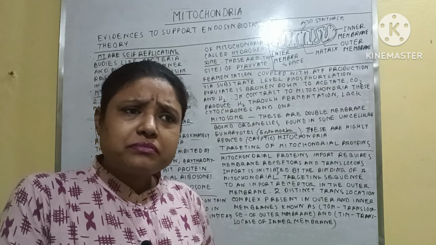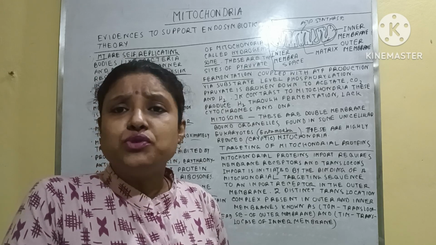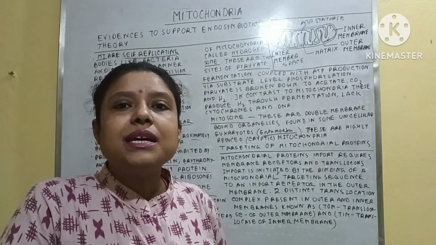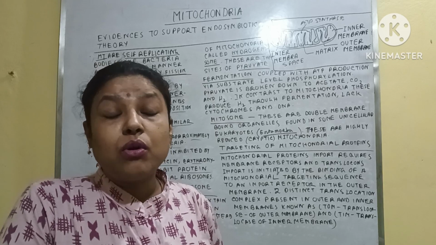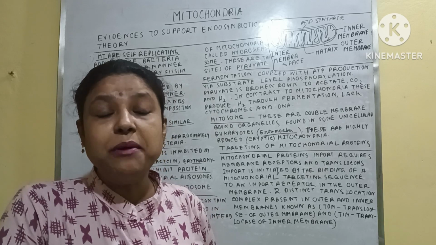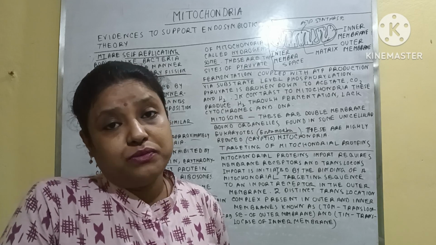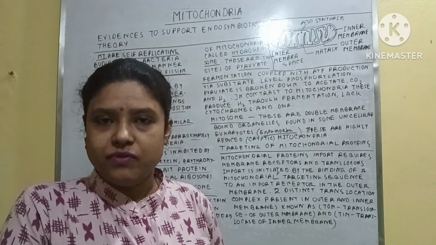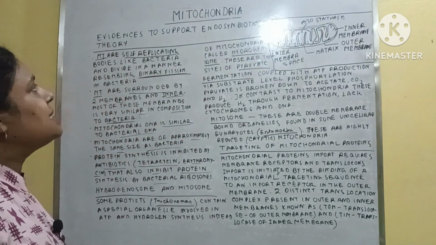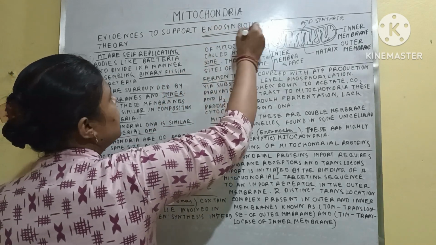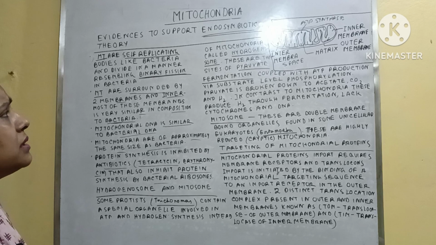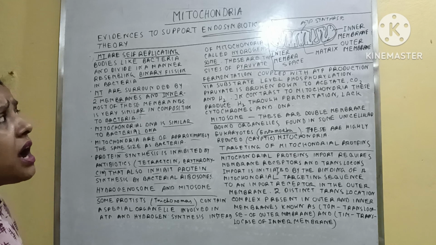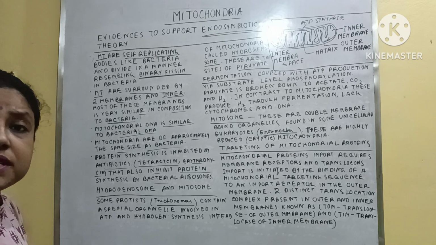That's why, according to scientists' opinion, mitochondria are produced from bacteria, generally photosynthetic bacteria, and they evolved from the bacterial cell during evolution. So the endosymbiotic theory is the actual opinion of scientists that mitochondria evolved from endosymbionts.